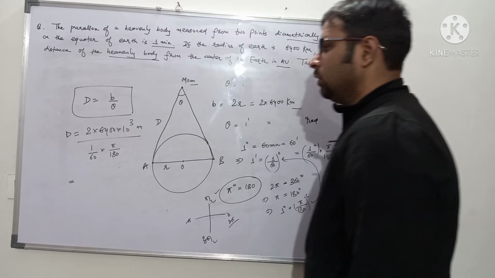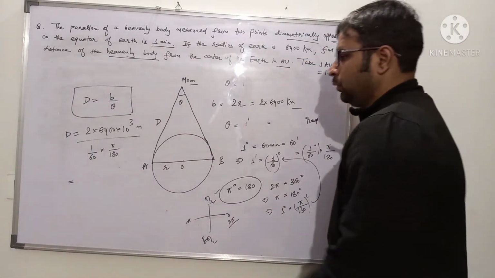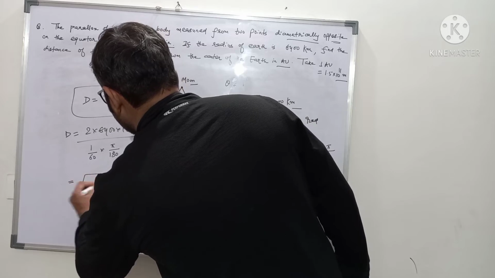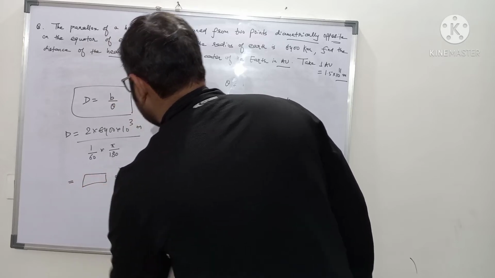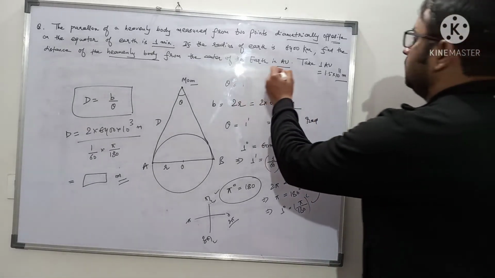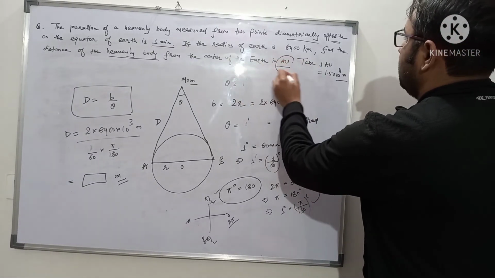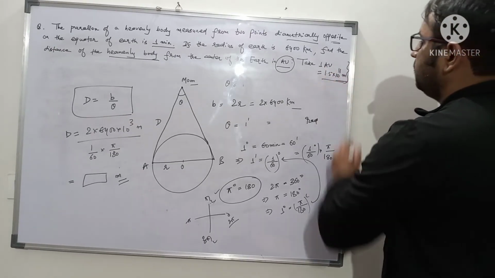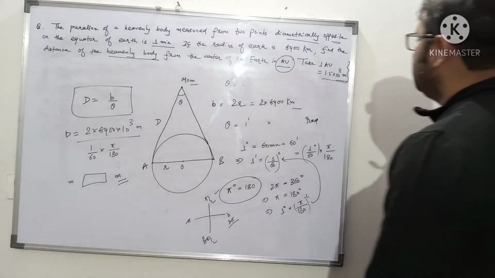I am not calculating the whole value, I will leave it up to you. By using this, we will get some value in meter. Now, what is asked in the question? They have asked to find it in AU. Here it is given that 1 AU equals 1.5 into 10 to the power 11 meter.